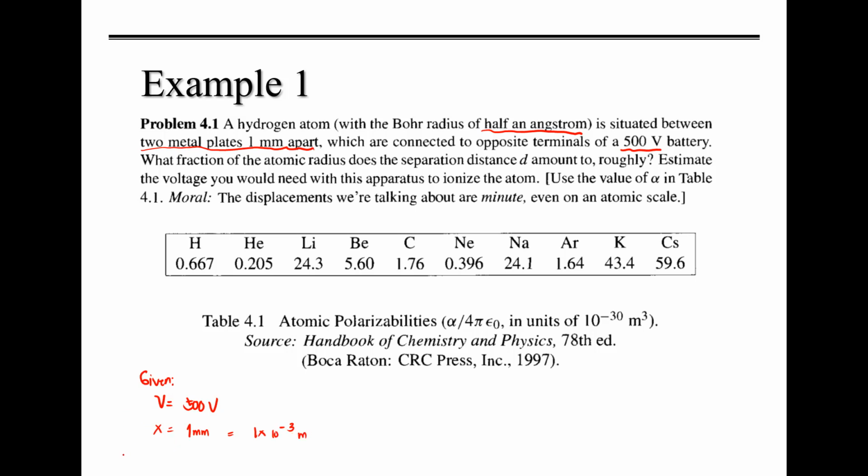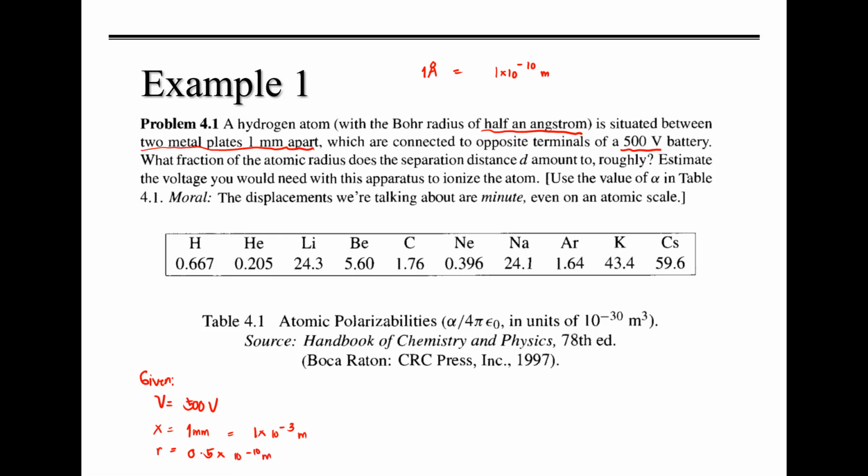And we are also given the Bohr radius of the hydrogen atom, which is half an angstrom. An angstrom is equal to 1 times 10 to the minus 10 meter, so half an angstrom means 0.5 times 10 to the minus 10 meter.